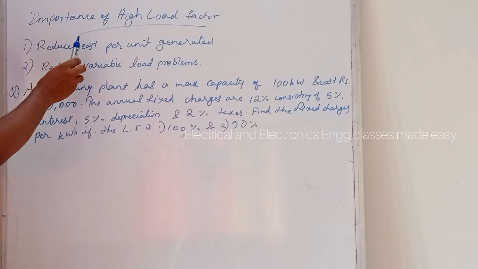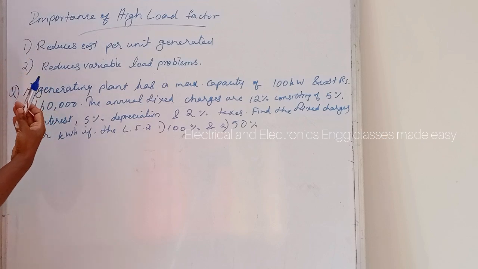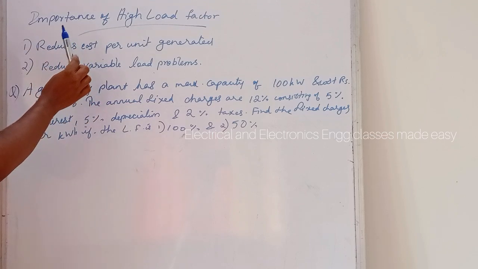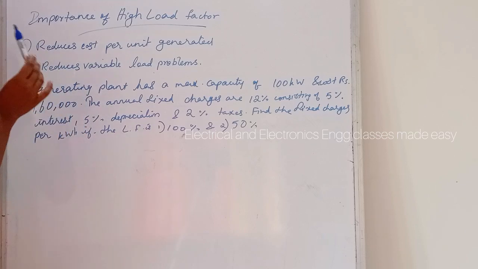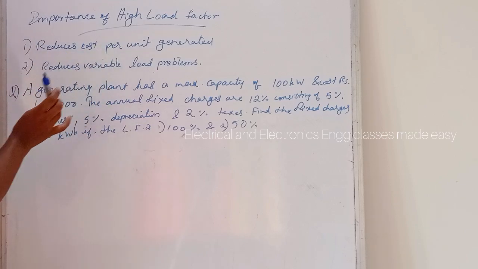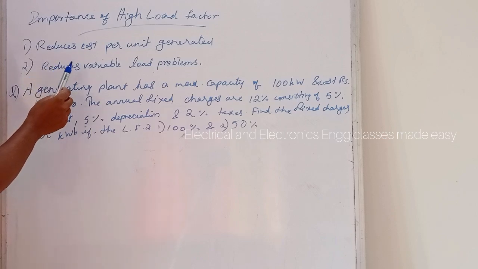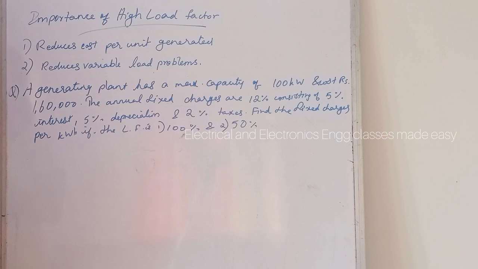That is, higher the load factor, lower is the generation cost, because higher load factor means that for a given maximum demand, the number of units generated is more, and this reduces the cost of generation. Then the second advantage is it reduces the variable load problems. A high load factor reduces the variable load problems on the power station.